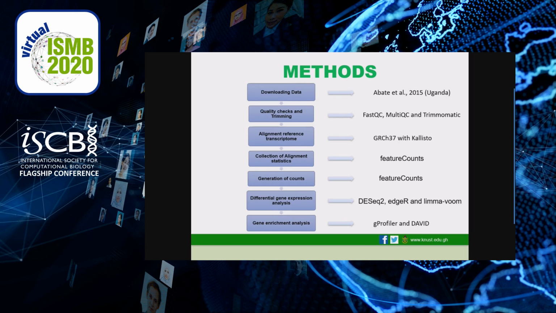For the methods, the data used in this work was downloaded from NCBI SRA, and this was deposited by Abati et al. We checked the quality of the data using FastQC and MultiQC, and the reads were then aligned to the human reference transcriptome using the Kallisto aligner.